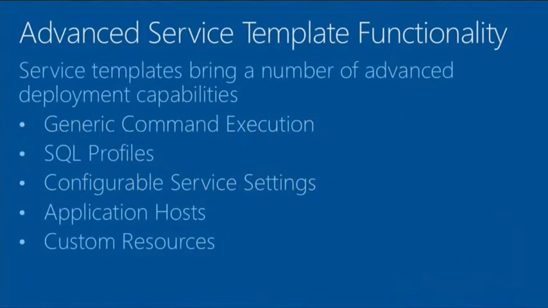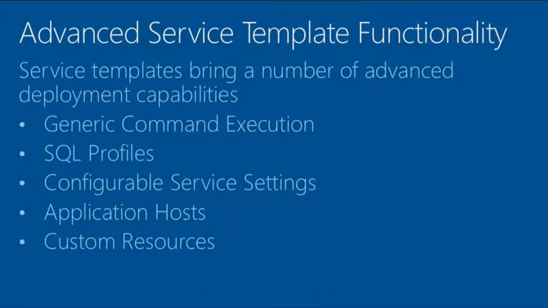Back to building and planning our service templates. Yeah, so let's get started. Let's talk about some advanced template functionality. We talked about those first-class application deployment capabilities: SQL data-tier apps, or DAC packages as we call them, Web Deploy, and Server App-V. We also had a look at generic command execution just as a gap filler that would allow us to run scripts before and after particular activities.